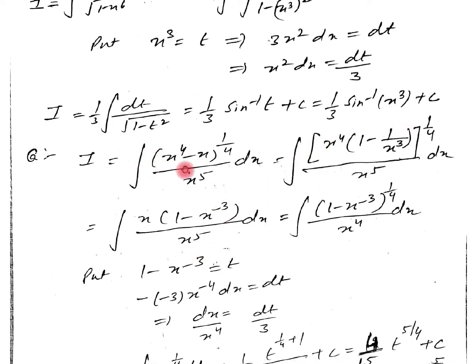I equals the integral of (1 minus 1 upon x cube) whole power 1 by 4 upon x5 dx. Let us see the first step of what we are doing. Taking x raised to power 4 common, because here the power is 1 by 4. I am left with x raised to power 4 into 1 minus 1 upon x cube, because when I divide x by x4 I am left with 1 upon x cube, whole power 1 by 4.